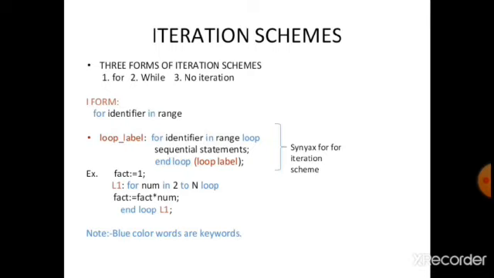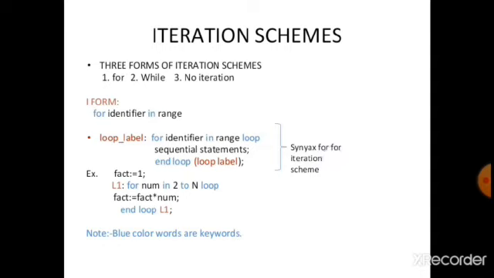What is the syntax for it? For identifier in range. For and in are keywords, and identifier and range are user defined. Afterwards, as usual, you write loop, then any number of sequential statements, and finally end loop and the loop label. This is the general syntax for the for iteration scheme.